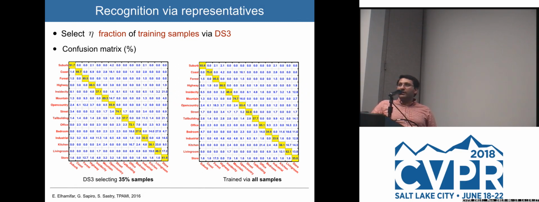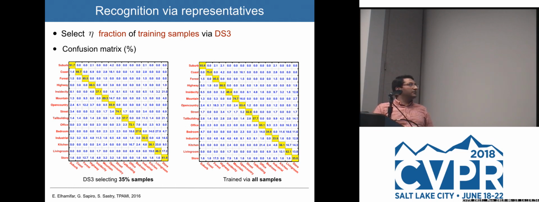Okay, so one other example of the effectiveness of subset selection generally for the problem of recognition is that, as I talked about, one of the main goals of subset selection is to reduce the computational complexity of algorithms that deal with data. So for instance, in the case of recognition, we can reduce the number of training samples, and instead of training on the entire data set, we can train a recognition system on this set of representatives.